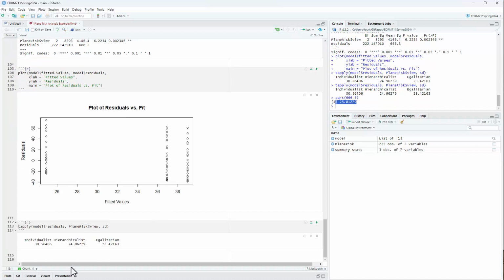So I'm basically estimating 25.8, where here I have 30.5, here I have 25, here I have a little bit under. So this one here is a little bit over the others, but these two, egalitarian and hierarchicalist, are close.